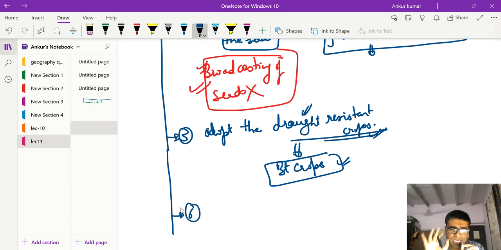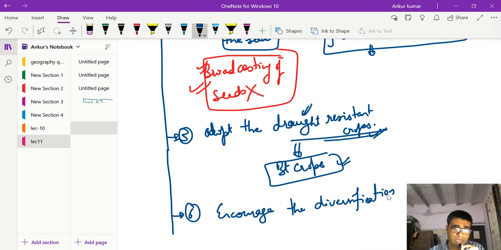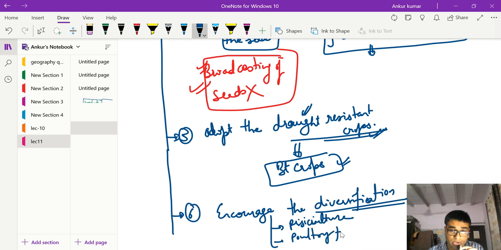The sixth solution in these dry land regions is, very natural, that comes to mind, that you adopt diversification, that you encourage the diversification. We cannot just run after crop cultivation in these regions. We have to have diversification in the sense of we go for pisciculture, go for poultry farming, right?